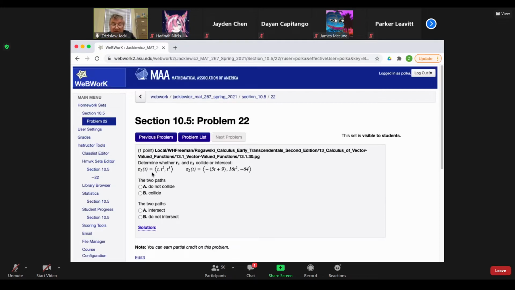Let's say you have a car and the car moves according to this rule, and a second car moves according to this rule, or maybe some object in space moves according to this rule, another object in space moves along this rule. And now you have to answer whether or not those two paths collide.